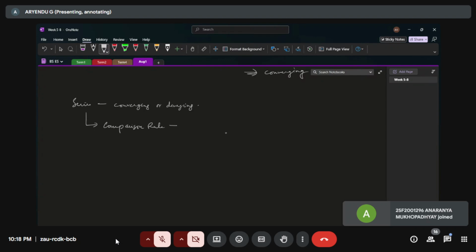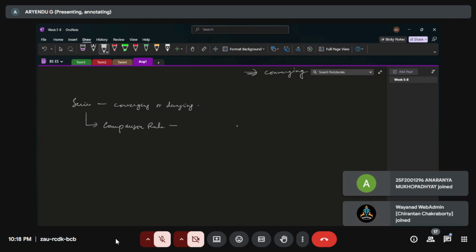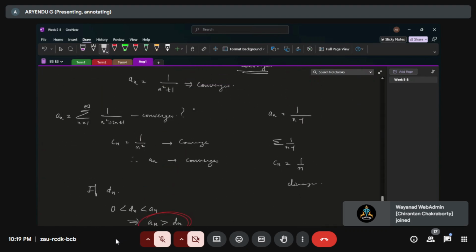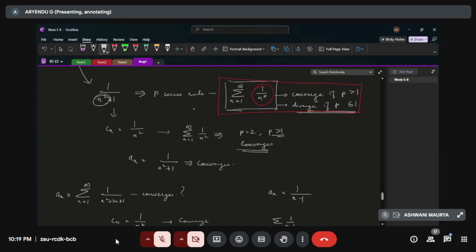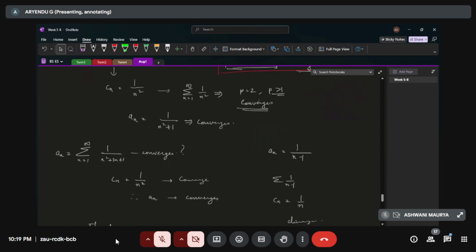But please note that the comparison rule might be difficult to use in case of other series which are not keeping to this pattern of the p series rule, because you might find it difficult to find a compatible series in the exam environment.